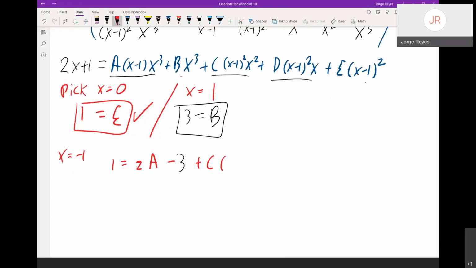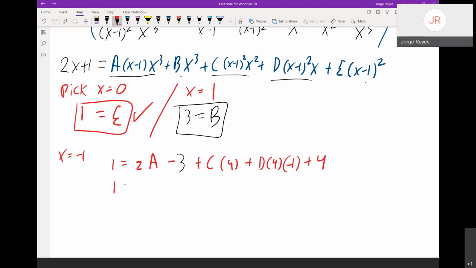Plus C times negative 2 squared, so it's going to give me a 4, and then that's a 1, so it disappears. Plus D times 4, but with a minus sign. And then E is 1, so I don't care, and then negative 1, so it's going to be 4.